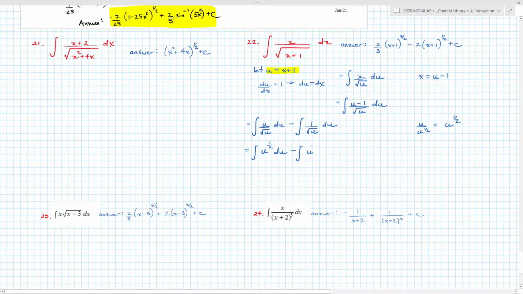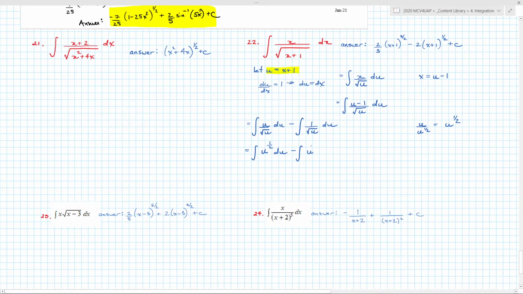And now you find the antiderivative. So what function has u to the 1/2 as its derivative? This would be u to the 3/2 multiplied by 2/3, subtract u to the 1/2 multiplied by 2, plus a constant.